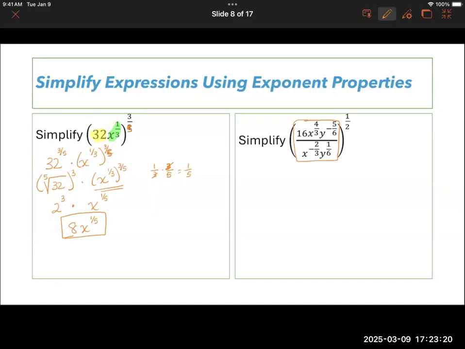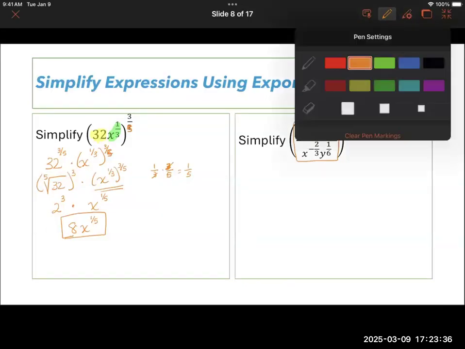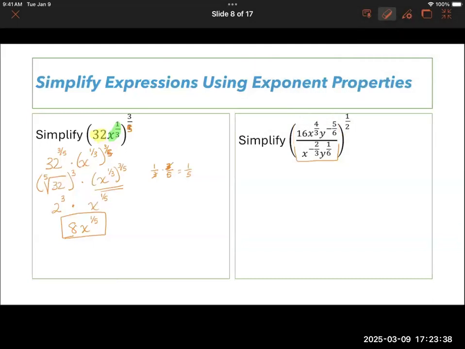So you could simplify all that first and then deal with the 1/2 exponent. Or you could go ahead and take every factor in the numerator and the denominator to the 1/2 exponent and then do the simplifying. Either way would work. So again, choose whichever way makes more sense to you. For me, I think I'm going to simplify that inside first.